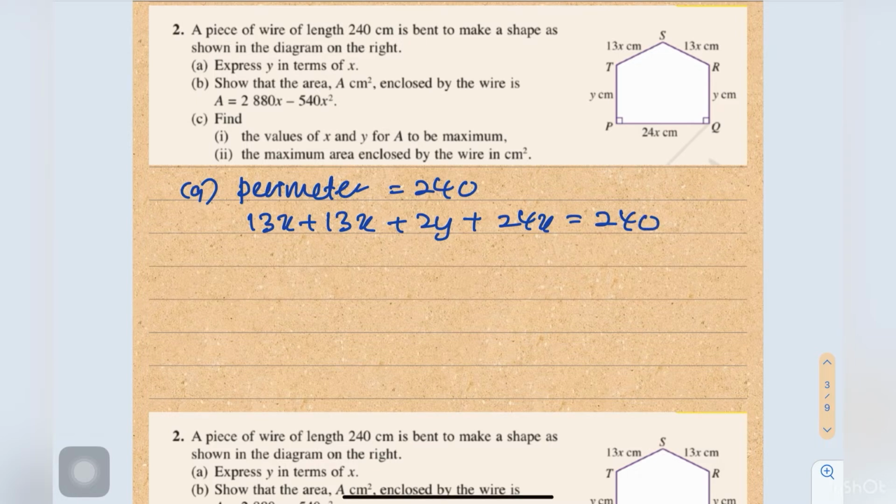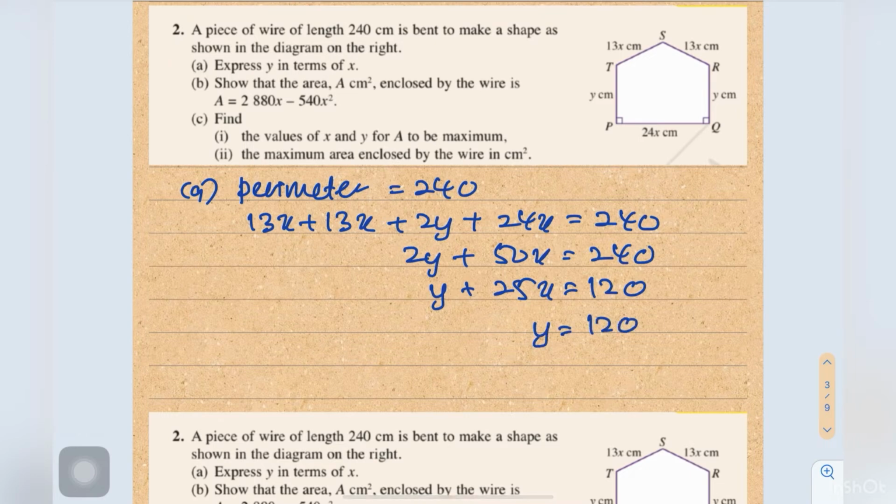Then we simplify, we get 2y plus 50x equals 240. Then we divide all by 2. So y plus 25x equals 120. Therefore y equals 120 minus 25x. Now we have already expressed y in terms of x.